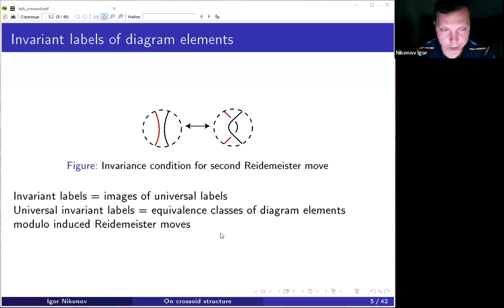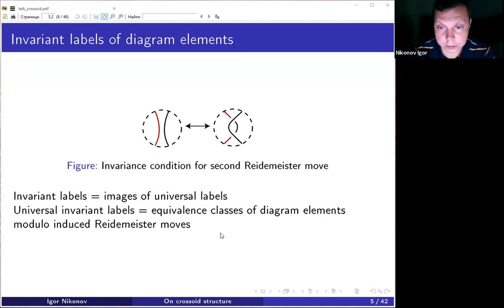Among all invariant labels of, for example, an arc, we can consider the universal invariant labels, so that any other invariant label is just an image of some universal label by some map between the set of universal labels and the set of invariant labels used in a knot invariant construction.